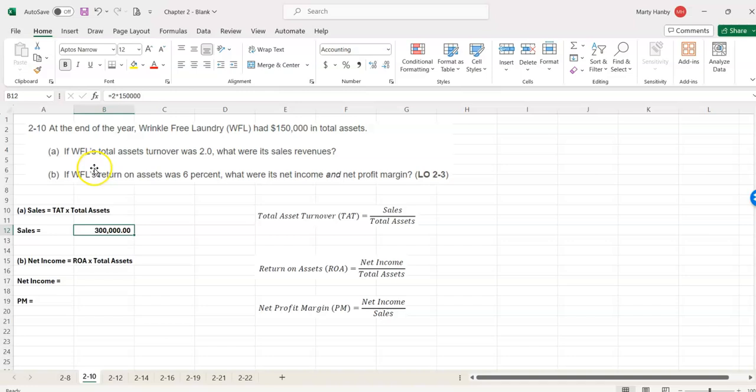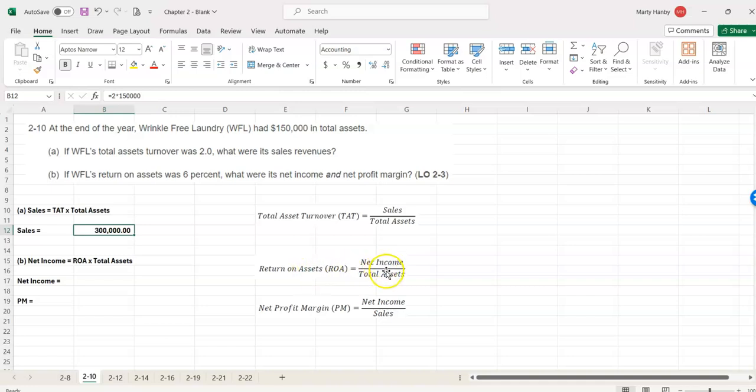So next part, we have 2 more ratios, including this one. If WFL's return on assets, which is ROA, is 6%, what are its net income and net profit margin? So we can take our ROA formula and rearrange it.